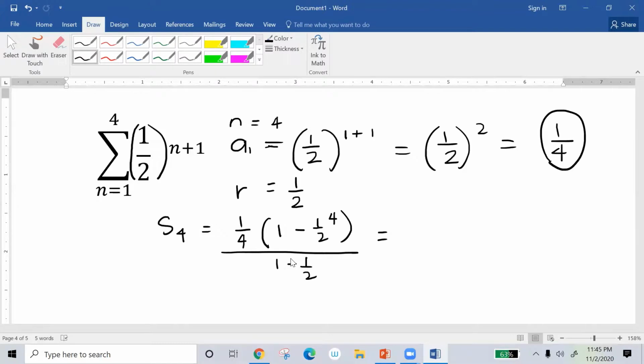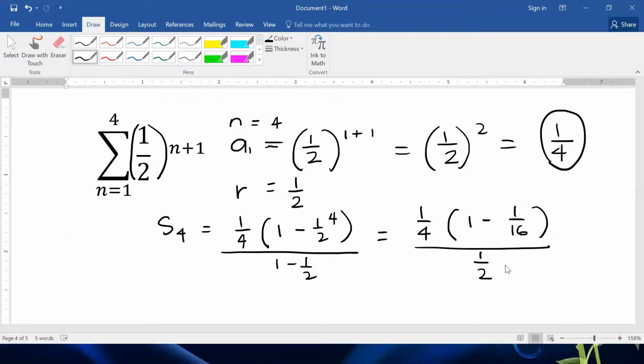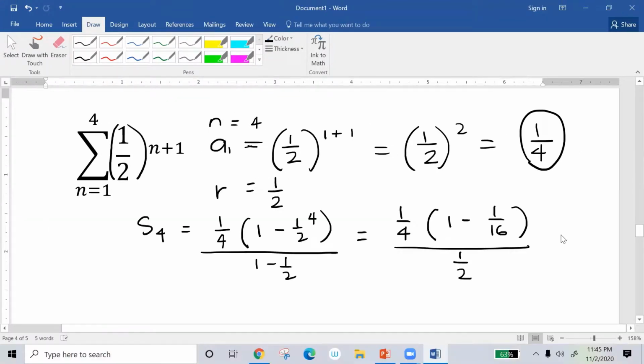Okay, what is 1/2 raised to 4? 1/2 raised to 4 is 1 over 16. 1 minus 1 over 16, all over, what is 1 minus 1/2? Okay, 1 over 2. Then simplify. What is 1 over 4 times 1 minus 1 over 16 all over 1/2? Okay, so 1 minus 1 over 16 is 15 over 16.